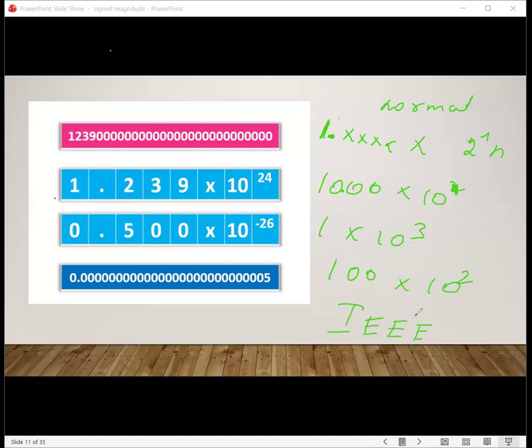So what they have done, there's a system called IEEE. This is actually an organization formed by a group of engineers. They asked us to follow a normalized form. According to this form, we can write the values only in this format. We should use only this format.